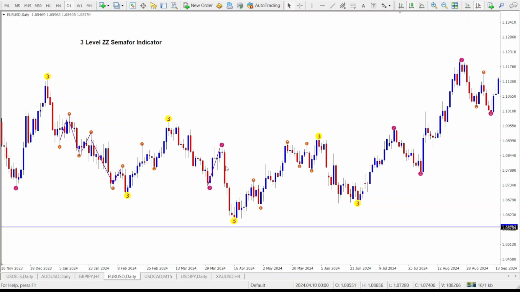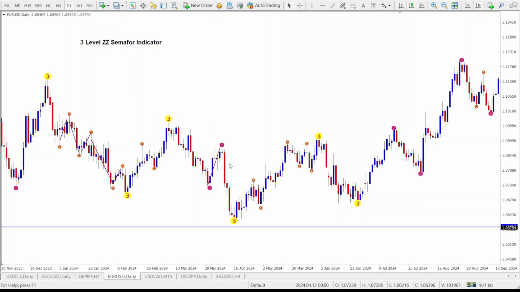So had it been we entered a buy after we got this level 2 buy signal and then we exited our buy here and entered a sell at the sight of this level 2 sell signal, once this level 3 buy signal appeared, we should have exited our level 2 sell.